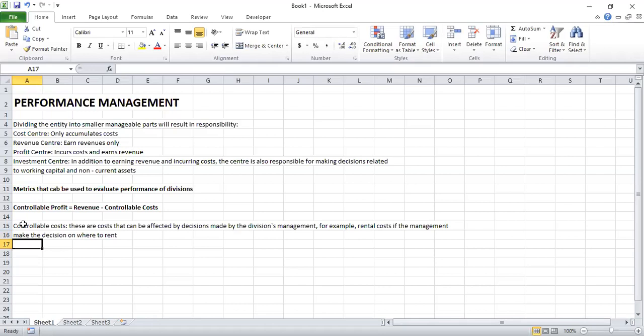Now, for example, if head office are the ones who find places and just tell you, go to this place to rent, when we evaluate your performance, we are not going to take that rent into account because it's not a controllable cost. It's unfair for us to judge you based on what you can't determine. So that's what we call a controllable profit. Right.